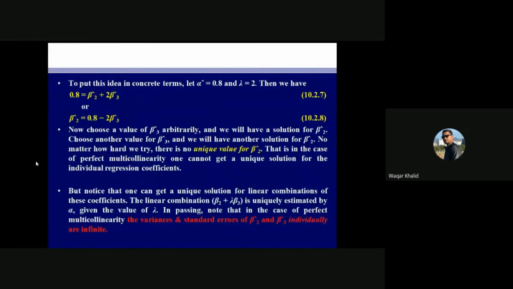How? For example, if alpha is equal to 0.8 and lambda is equal to 2, and you want to know the value of beta 2, then beta 2 is equal to 0.8 minus 2 beta 3.